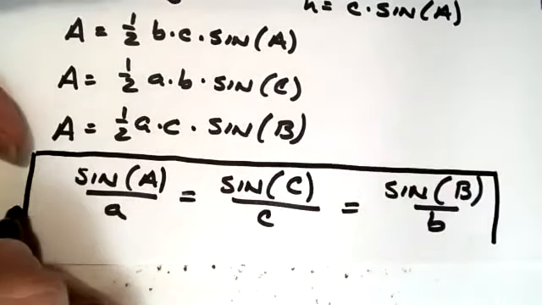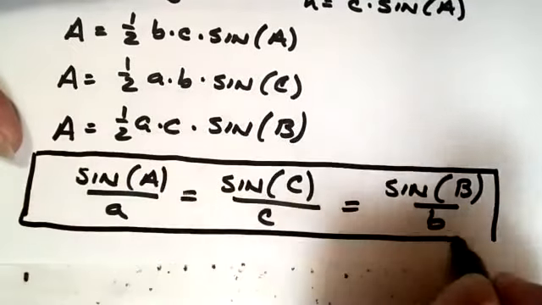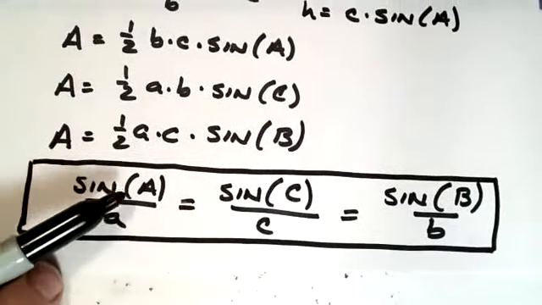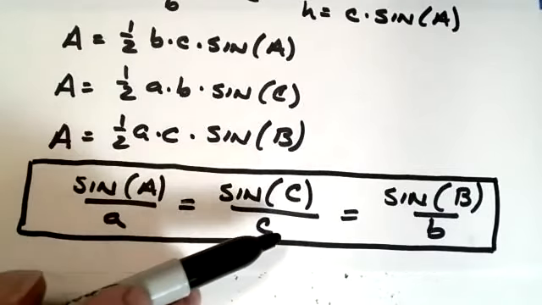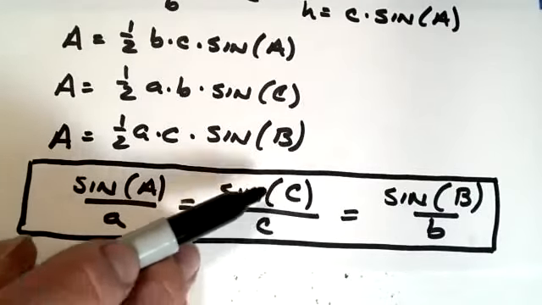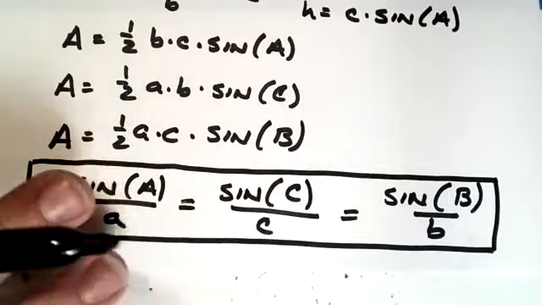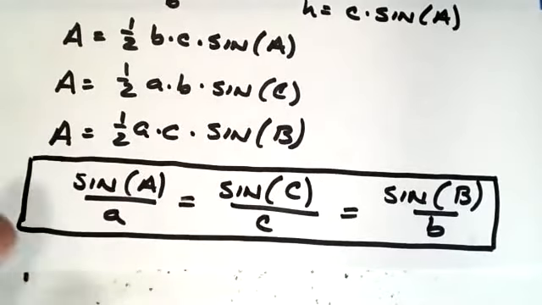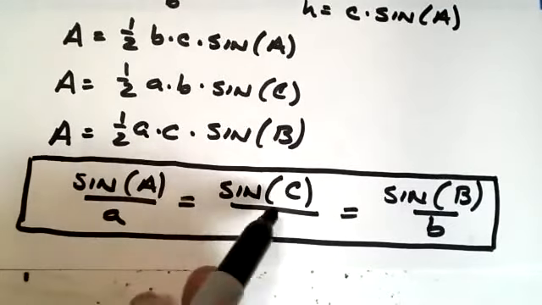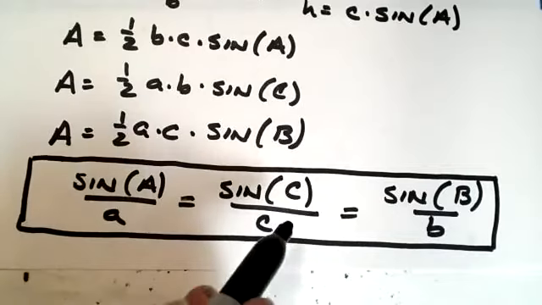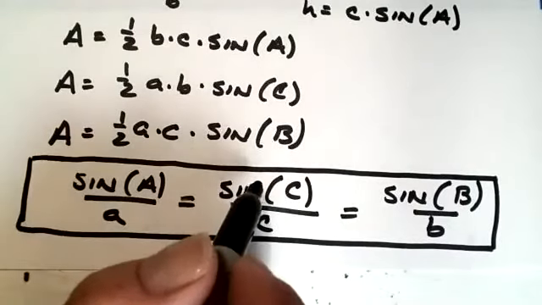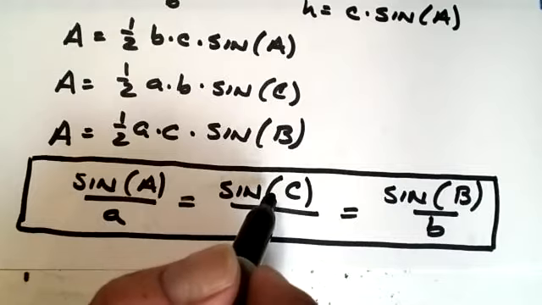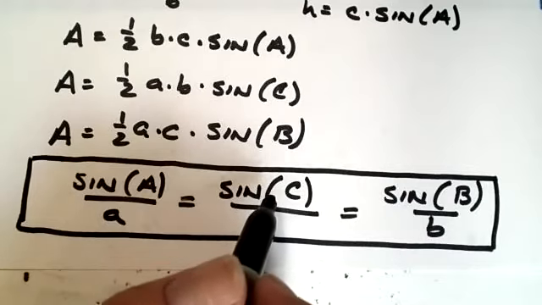It gives you a relationship between any combination of an angle and its opposite side and another angle and its opposite side. And I think maybe the book does it upside down, so you have A over sine A, B over sine B, C over sine C. It really doesn't matter, as long as sine of C is not 0, then it works, right?